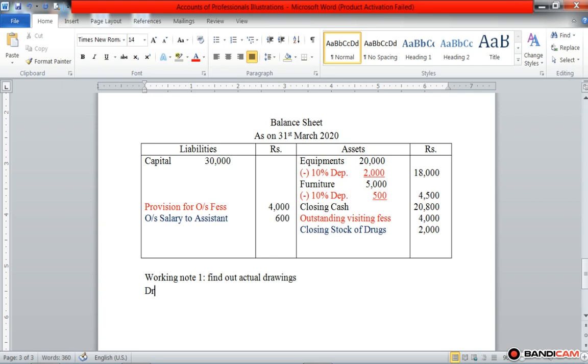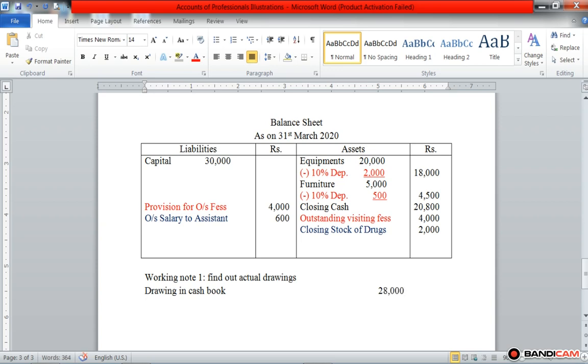Drawings in the cash book, that is the receipt and payment account. So the drawings in the cash book is given, that is 28,000.